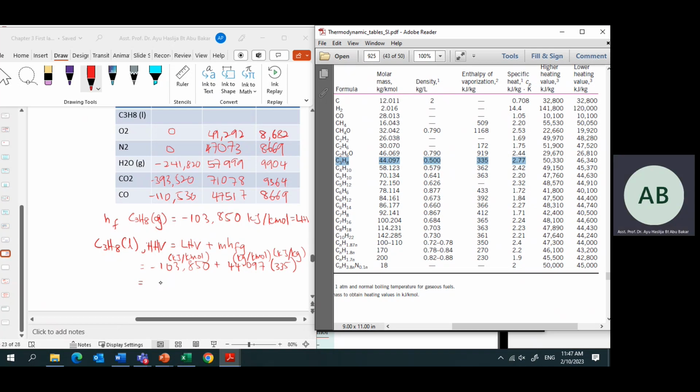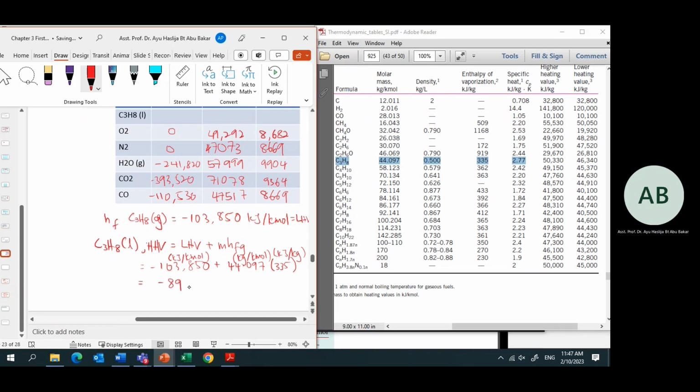Negative 8, 9. 8, 9, 0, 7, 7. Okay, the unit will be in kilojoule per kmol. Wait, let me check. It should be negative 118.